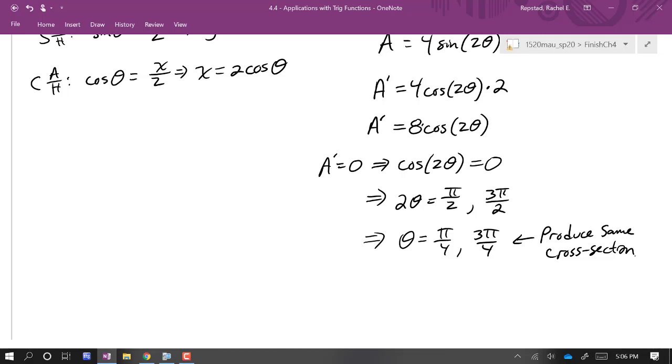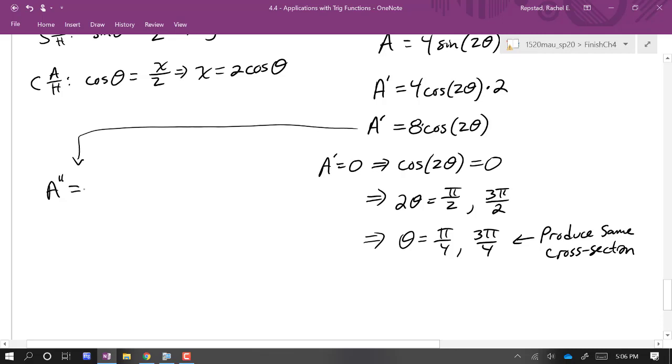Now we want to make sure that we found a maximum. Let's find the second derivative. The derivative of cosine is negative sine, so we have negative 8 sine 2 theta times 2, so negative 16 sine of 2 theta.